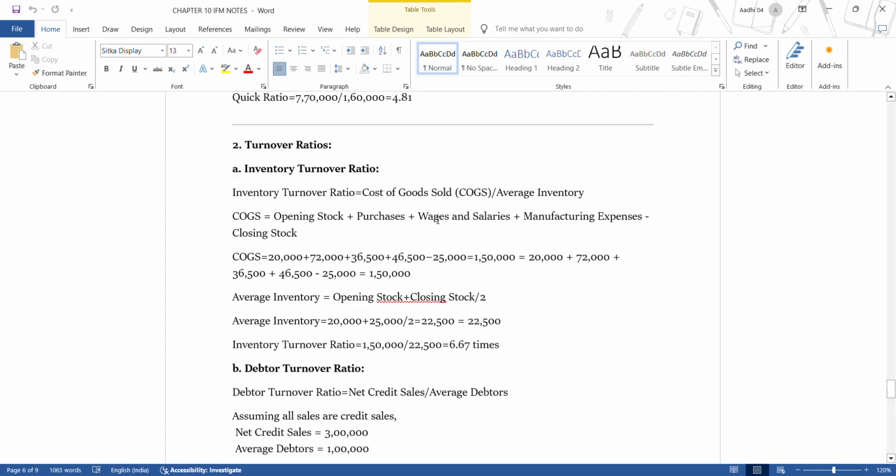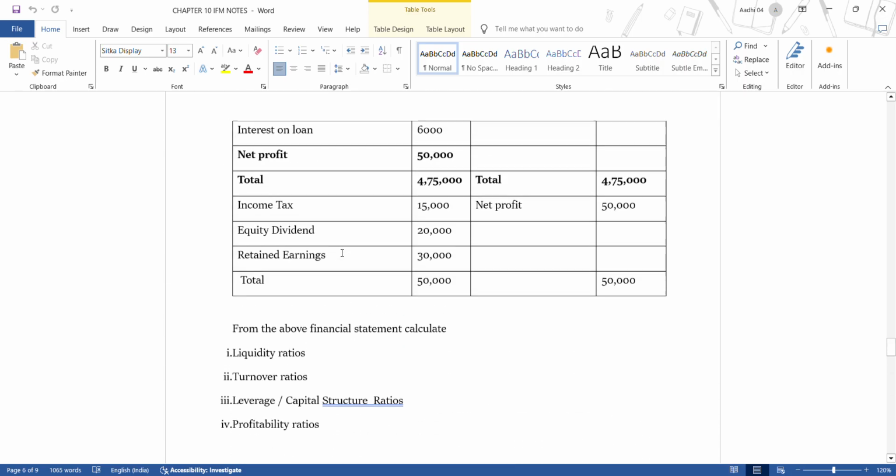We can find it in another way also: opening stock plus purchases, wages plus manufacturing expenses minus closing stock. Either way it gives the same. Now cost of goods sold is equal to sales minus gross profit.